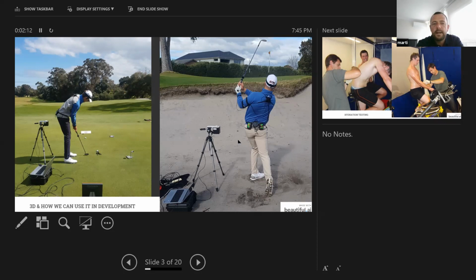But using the 3D system, which I know you guys have used for a good period of time, historically it's probably only been used for the high-end players through to the professionals in the system. But I use my 3D system every single day in my own coaching, working with club level players, juniors, the whole lot.